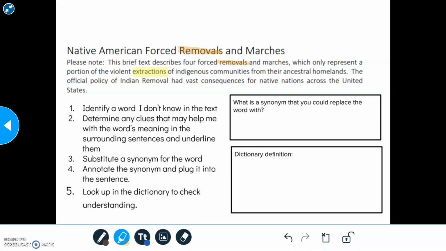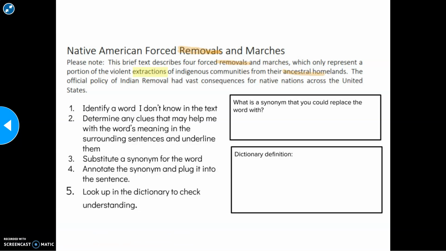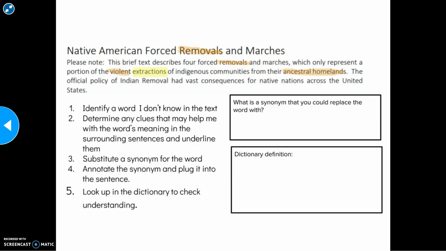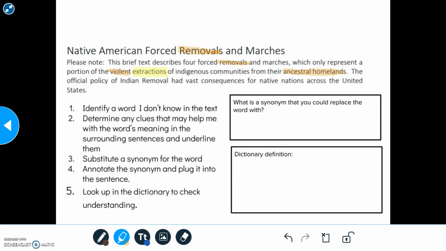And then it talks about a violent extraction of indigenous communities from their homeland. And I know that Native American peoples were removed from their homelands, and it was pretty violent. And so I'm actually thinking that another word for extraction is removal, and this is a synonym.